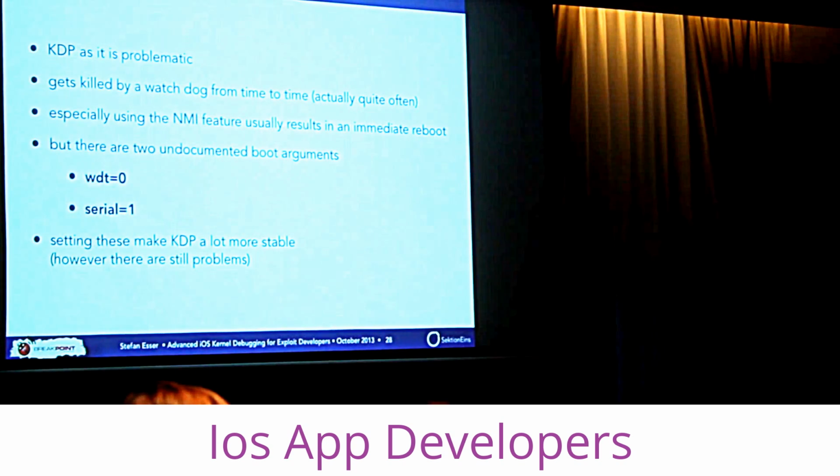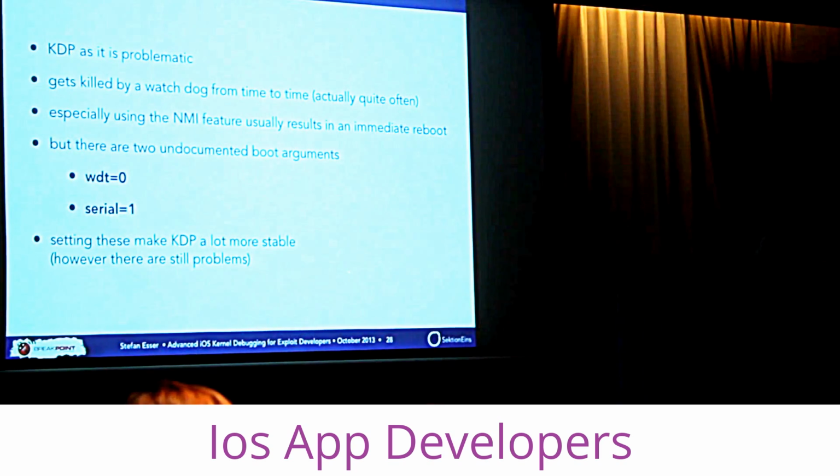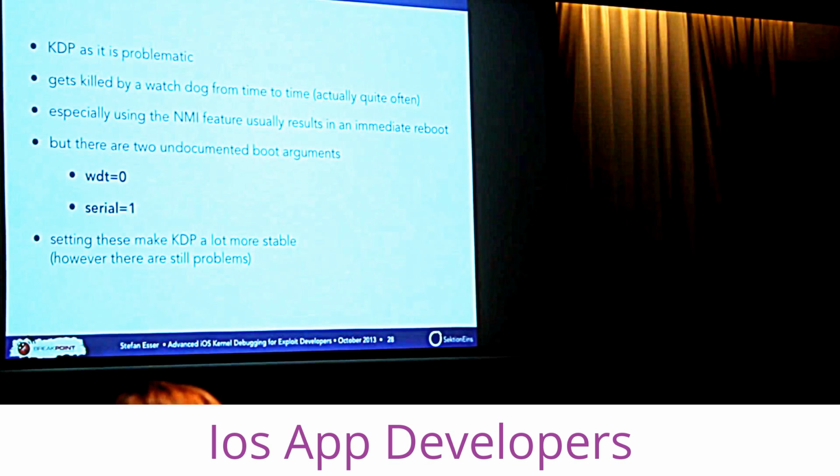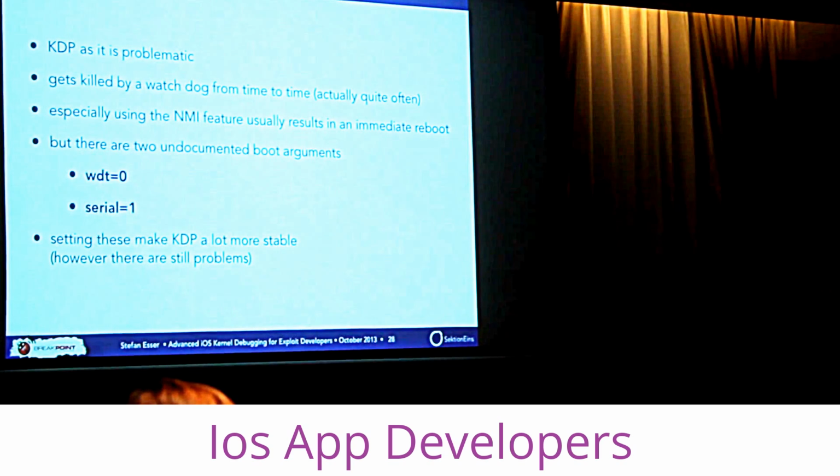And if you sniff the actual communication between GDB and KDP, which I'll tell you about later, you will see that even simple things like "give me 40 bytes", GDB will turn into 10 packets asking for 4 bytes each. So it sends 10 packets over the serial asking for 4 bytes every time, and other things like that. So GDB and KDP are not really optimized for each other.